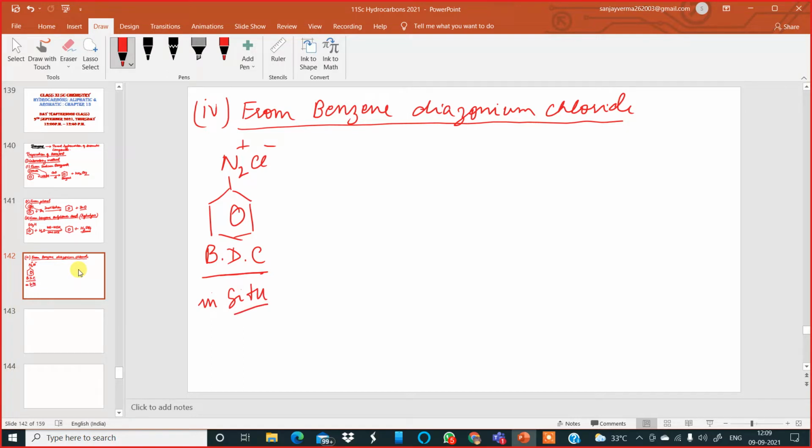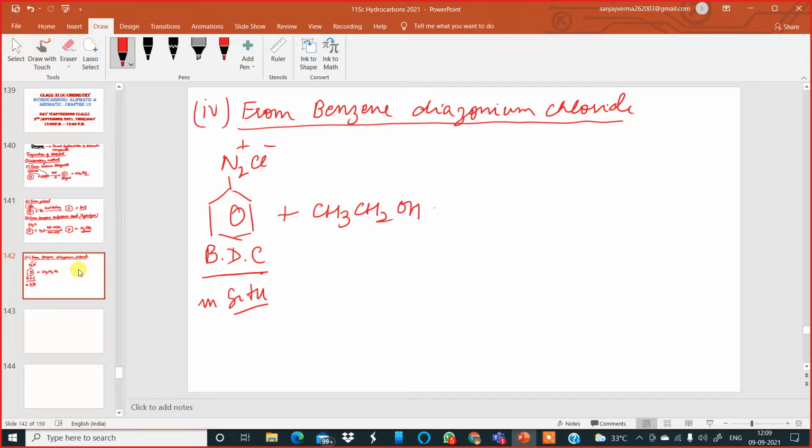As soon as benzene diazonium chloride is obtained by the reaction of aniline with sodium nitrite, NaNO2, at ice cold temperature 273 Kelvin, it is reacted with alcohol, that is ethanol, CH3CH2OH.